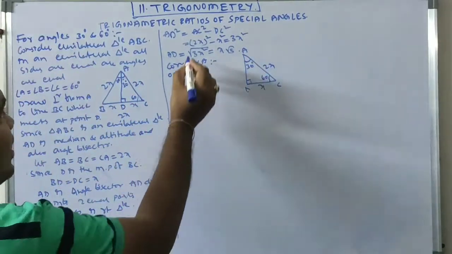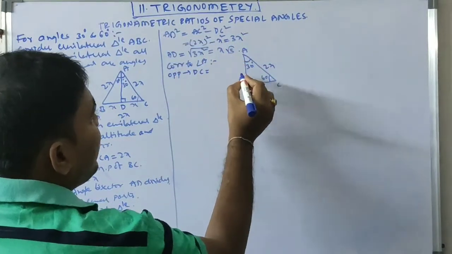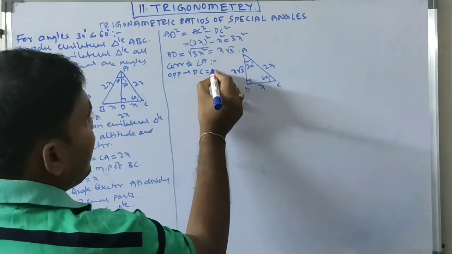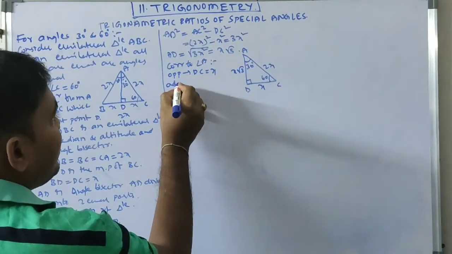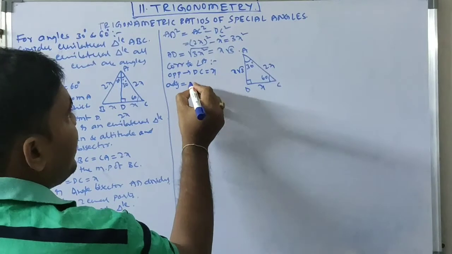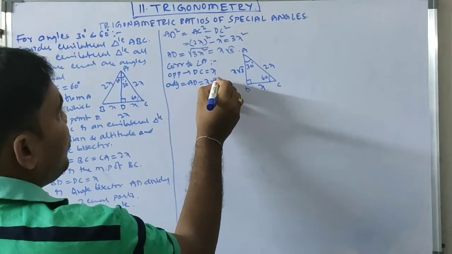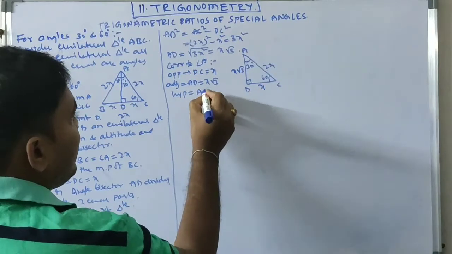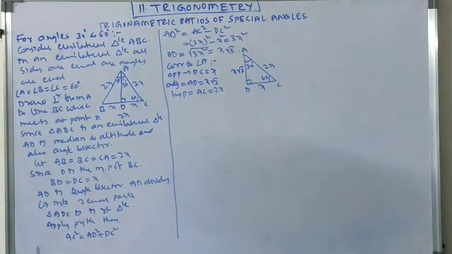AD equal to x root 3. Next, adjacent equal to AD, equal to x root 3. Hypotenuse equal to AC equal to 2x.